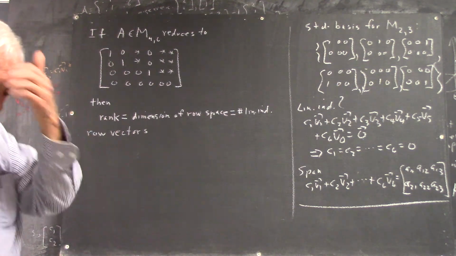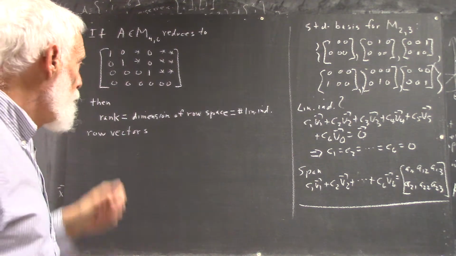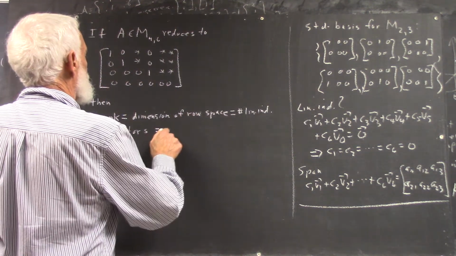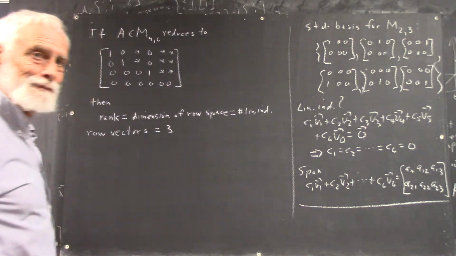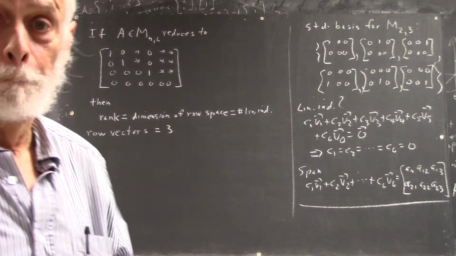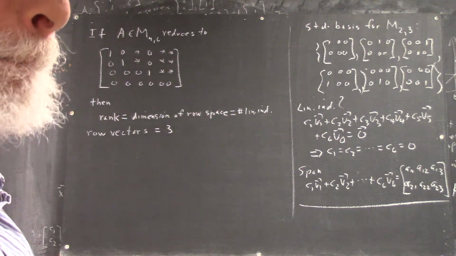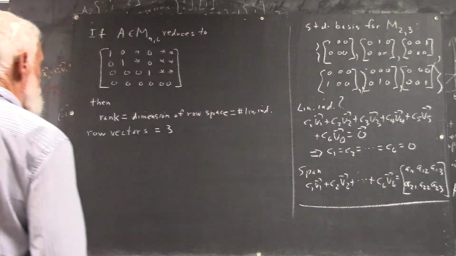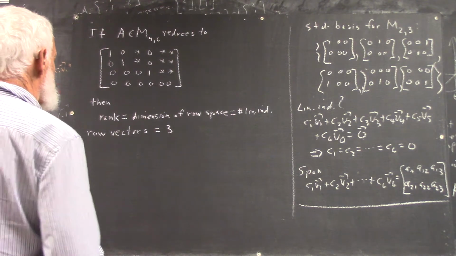So there we have that. Okay, well, we can kind of stop there. I could say a lot more, and will. But in this case, that would be 3. Okay? So, what's the nullity?